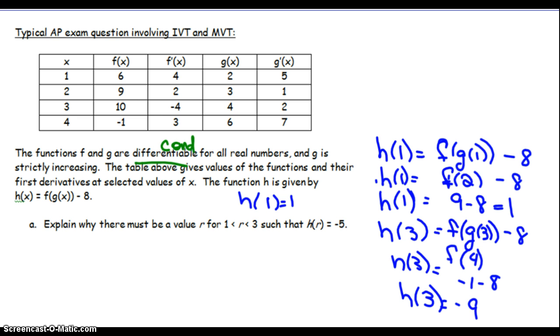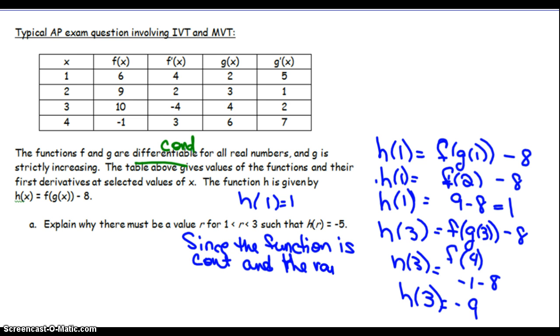So what we're going to say here, we're going to start by saying, since the function, or you can say h of t, is continuous, and we would have a range from -9 to 1. You could also use the square brackets as well.